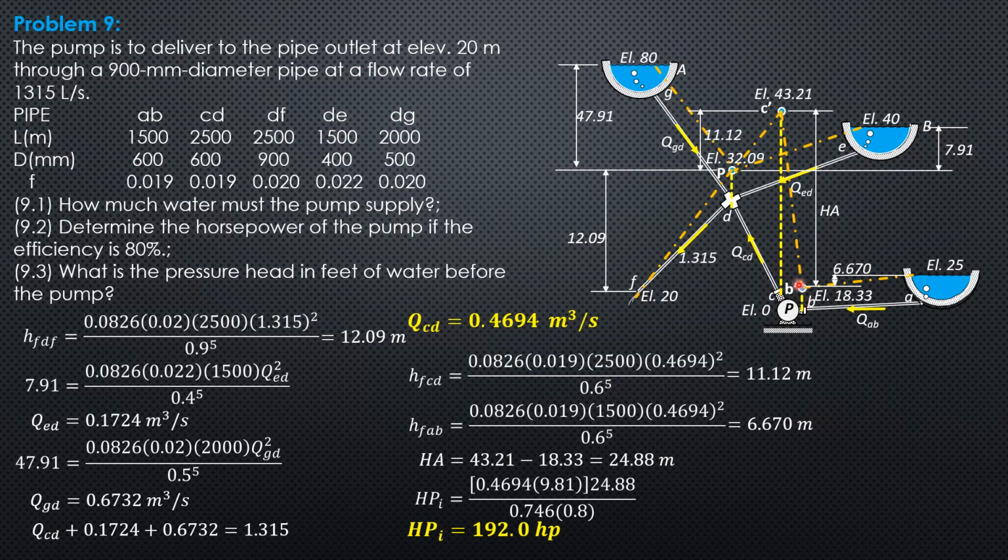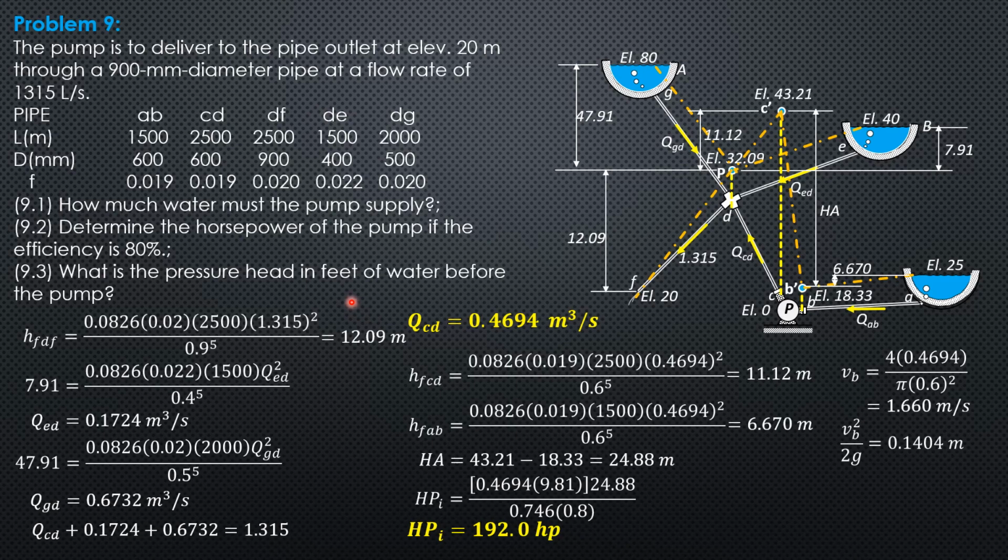Finally, take note, this is the energy grade line, so therefore energy is 18.33 meters. For the pressure head, we subtract the velocity head at B. Velocity head is velocity at B squared over 19.62. So the velocity at B is 4 times discharge, 0.4694 over pi diameter squared, 1.66 meters per second. Then squared divided by 19.62, that would be 0.1404 meters.